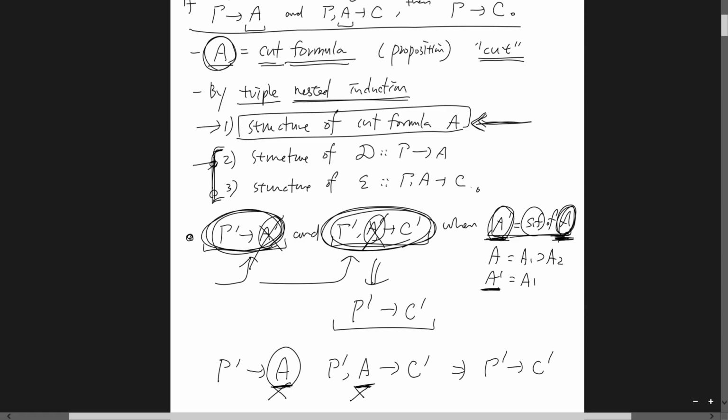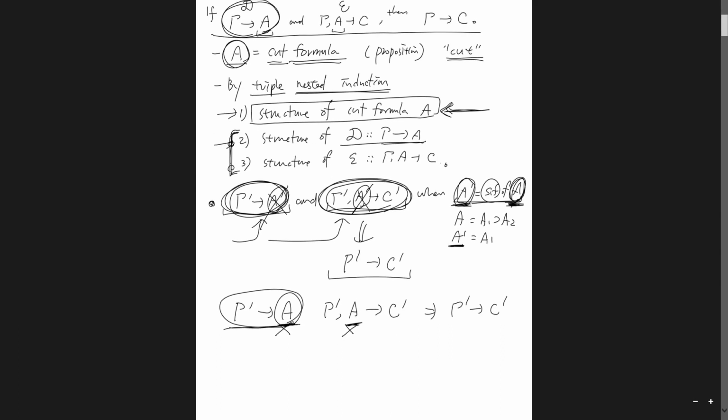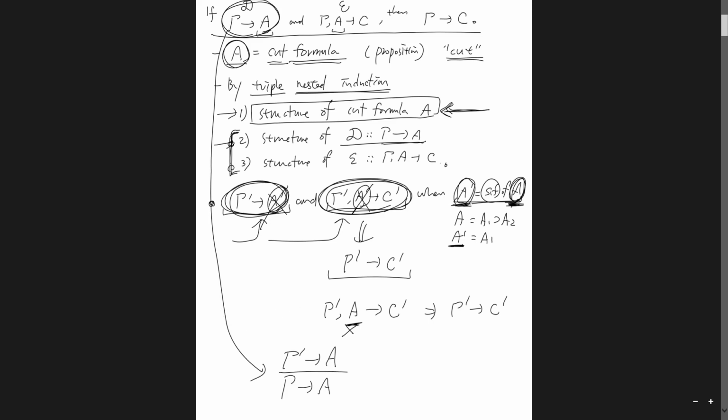But suppose that the first sequent's proof structure is strictly smaller than the proof of this sequent. So for example, suppose that this one was gamma A, and in the premise we have gamma prime arrow A. So the proof D looks like this one.